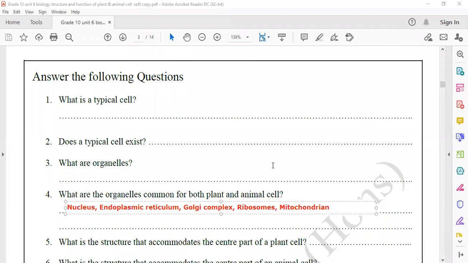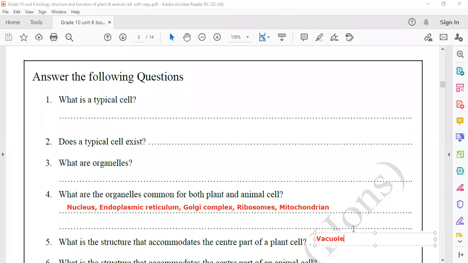Right. What is the structure that accommodates the center part of a plant cell? Center part of a plant cell is occupied by vacuole.